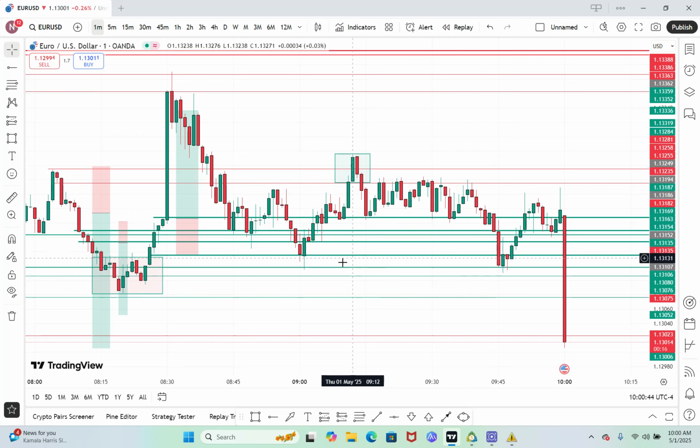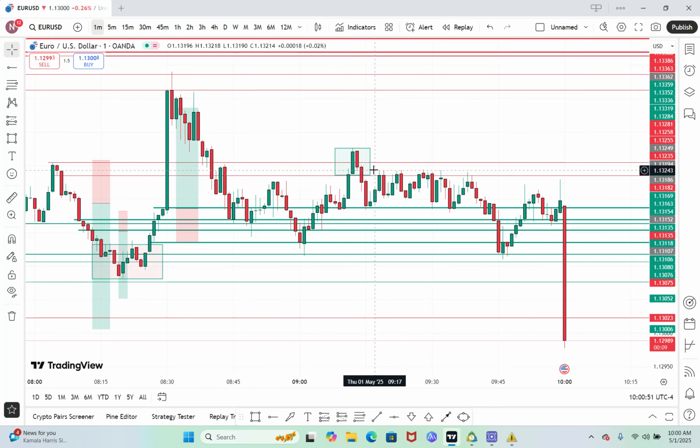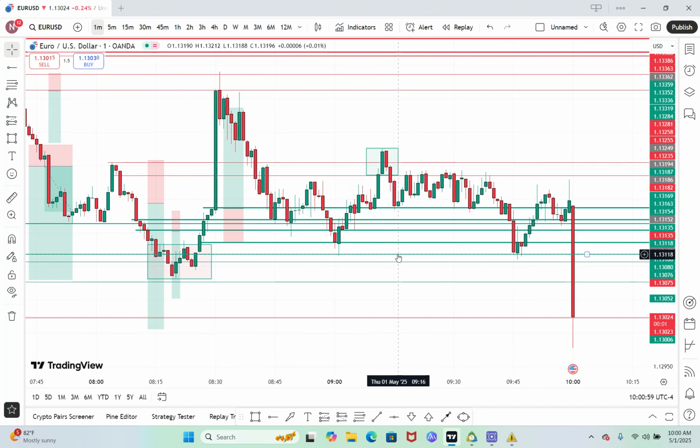But because we didn't have the profit margin that we were looking for, it's best to stay out of the market. If you're not seeing what you're looking for, it's best to stay out of the market to avoid losing trades.